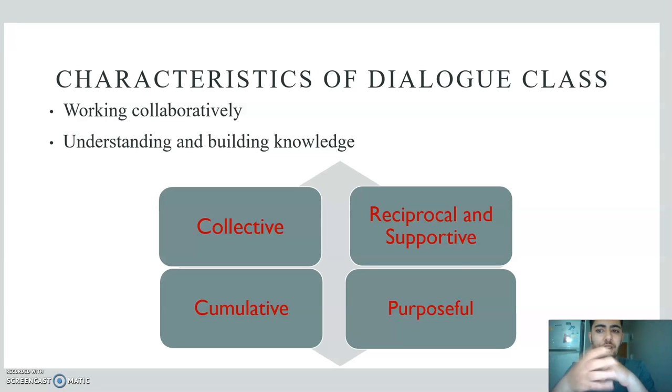Cumulative. The teacher and the students build on their own and each other's ideas and string them into coherent sequences of thinking and understanding. In a dialogic class, the student's answer or response is as important as the question. And purposeful.